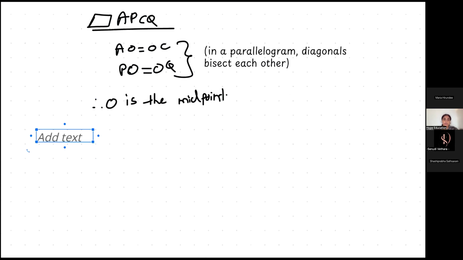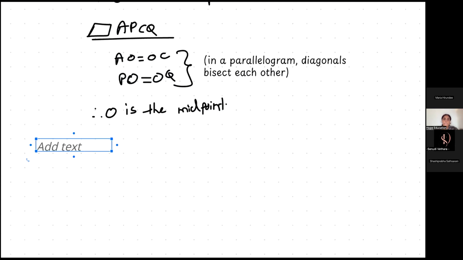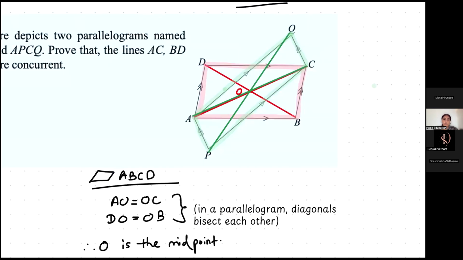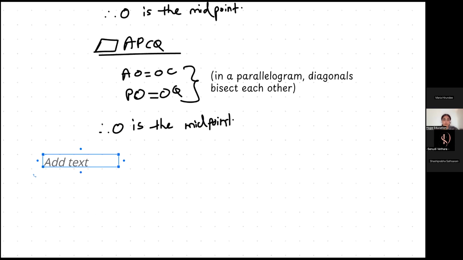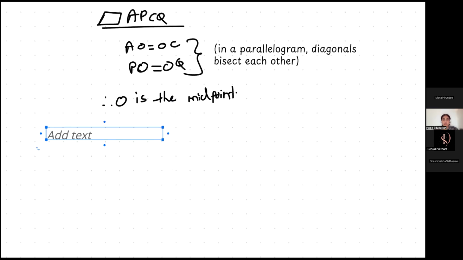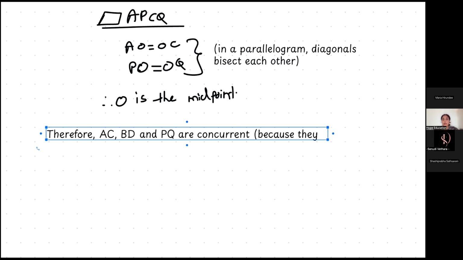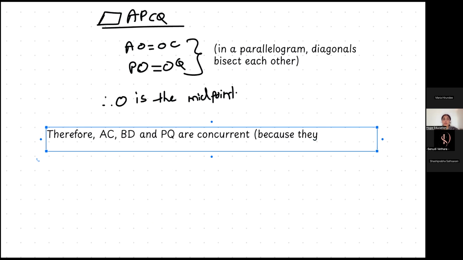AC, BD and PQ are concurrent because they all have O as the midpoint. This is how you should write this question.